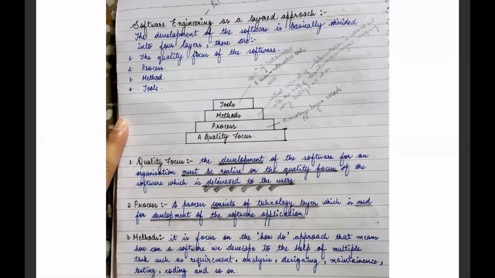Software engineering is a systematic approach used by professionals to develop complex software and products within a specified time and budget. This approach is viewed as layered. As I already said, this approach is a four-layer approach. First one is tools, second one is method, third one is process, and last is quality focus.